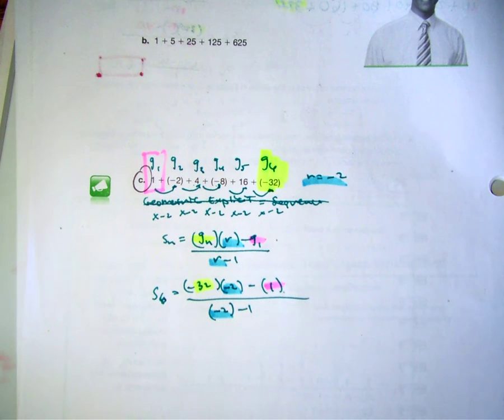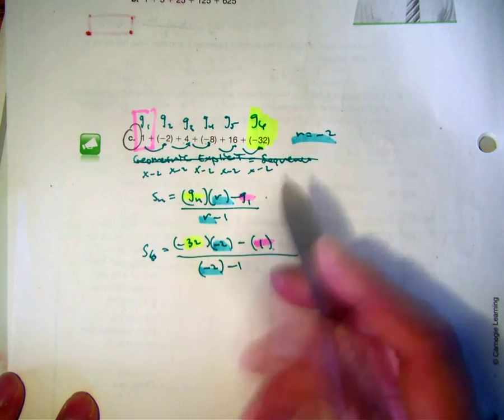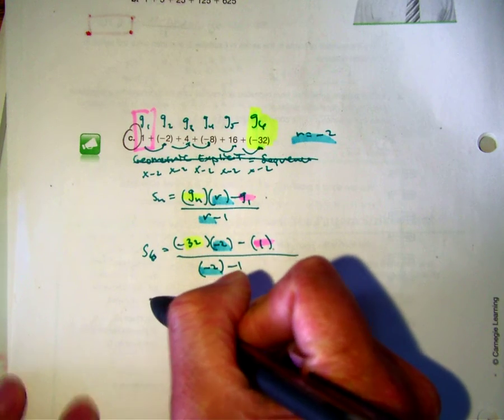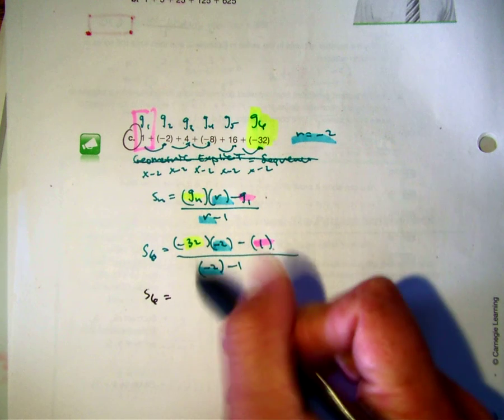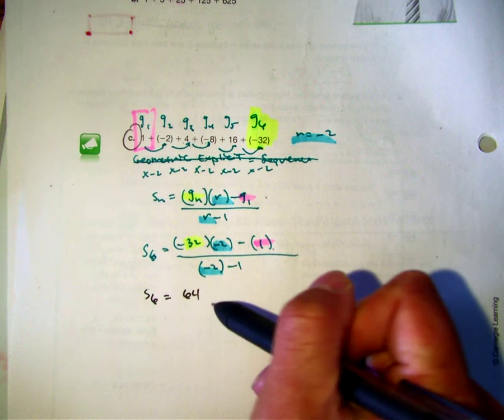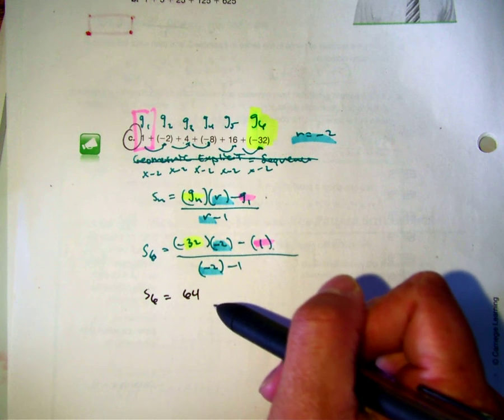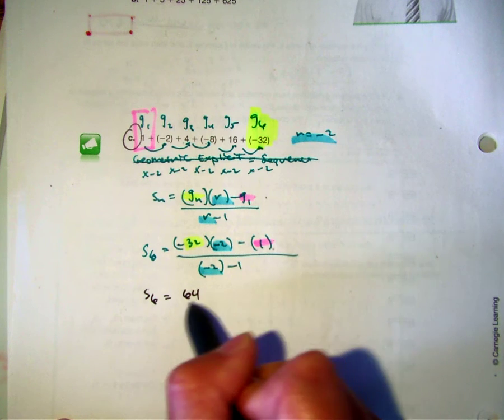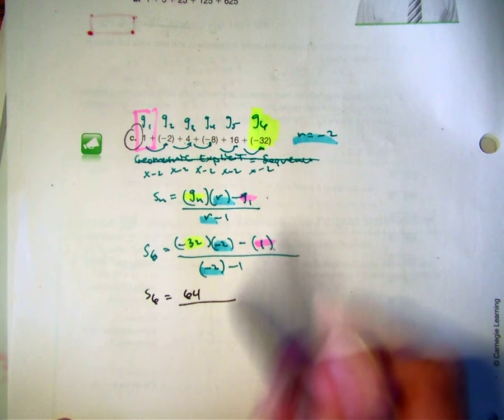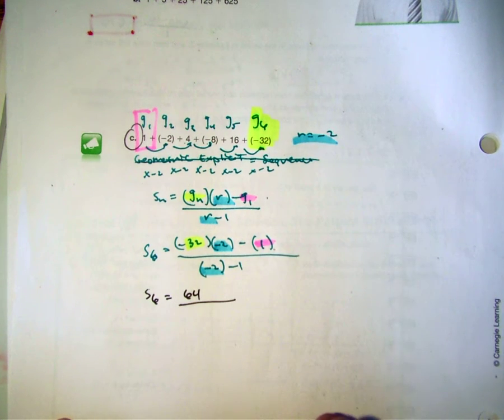Sienna, go ahead and simplify for us. The bottom is what? 2. So -2 minus 1?